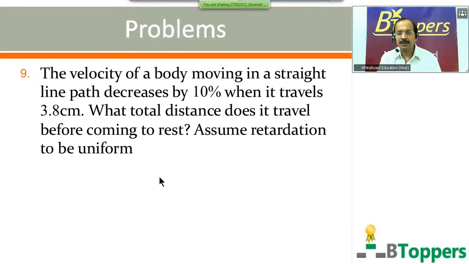Most of the other problems which you come across in one-dimensional motion with uniform acceleration can be classified into 3 types.